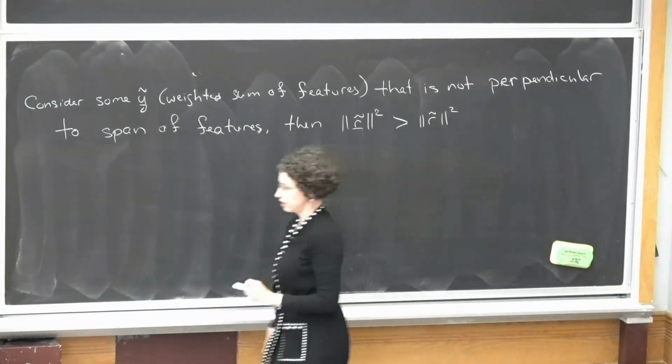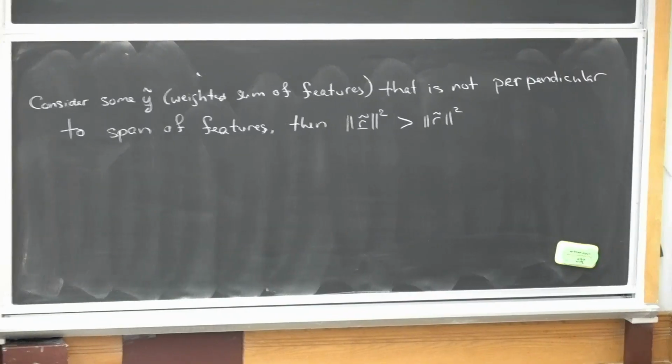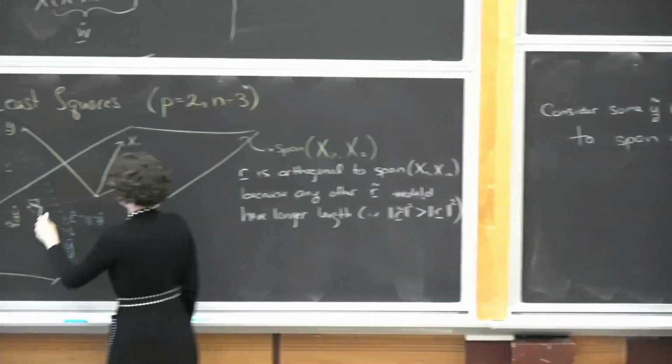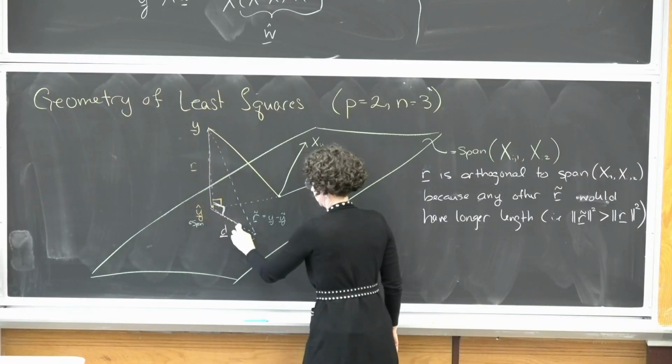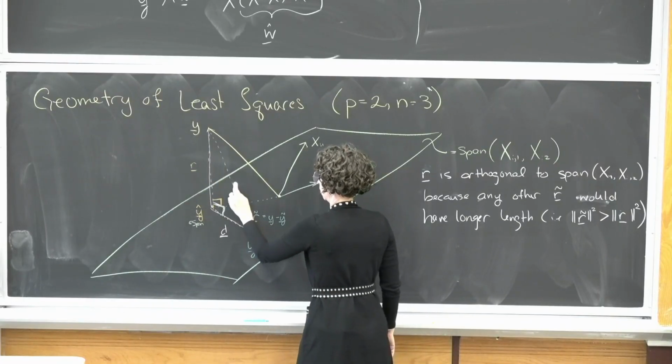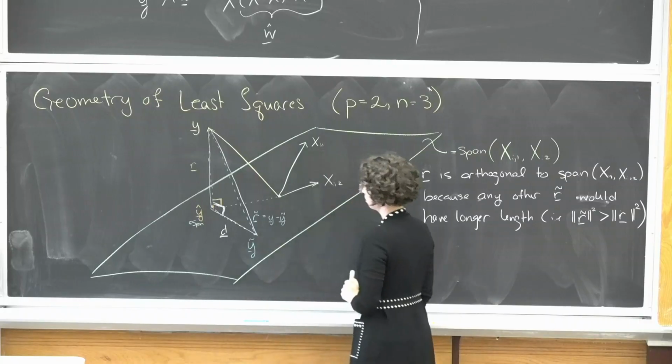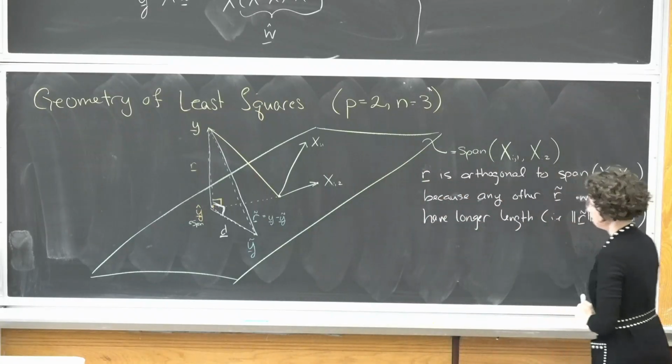And we can see this by going back to our figure and thinking about this triangle here, r and d, and this blue line here, r tilde.